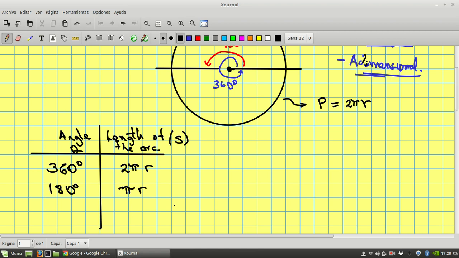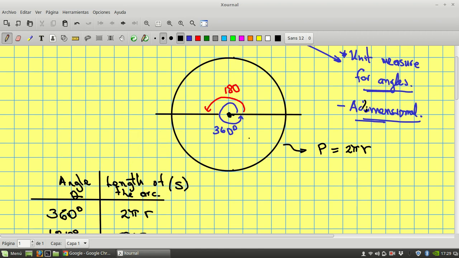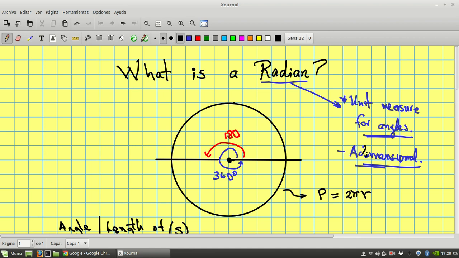Now let's imagine another value: 90 degrees. The arc is a quarter of the circle.